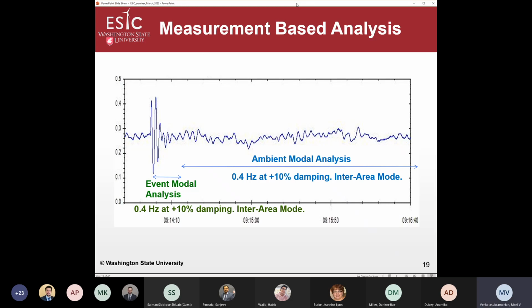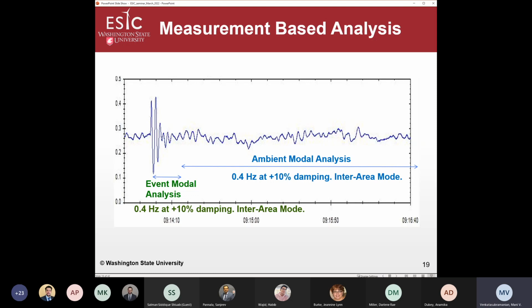As system conditions change, the measurement-based analysis can point to sudden changes in the damping levels of modes or the emergence of oscillations. And this has become one of the main applications of phasor measurement units in the last 20 years. So when we talk about PMU analysis, we have two kinds of oscillation methods available in the literature today.